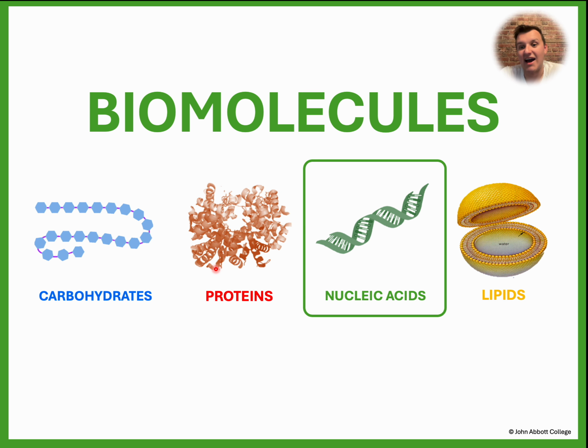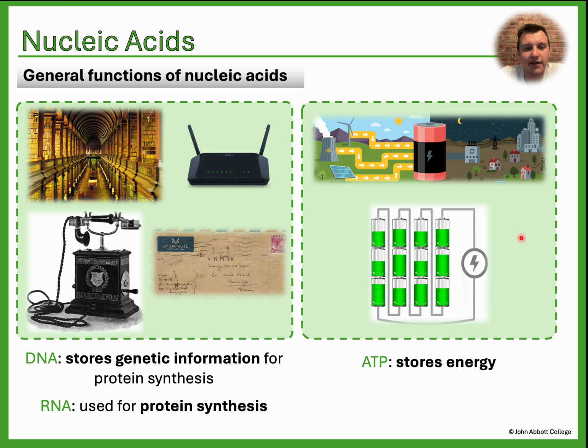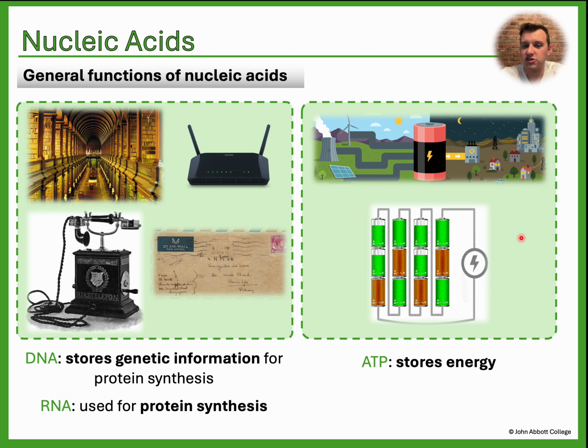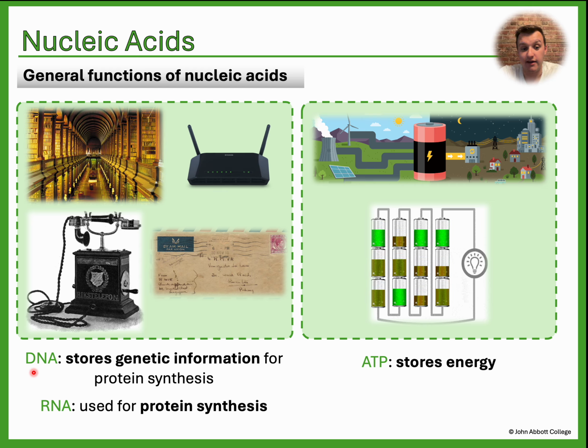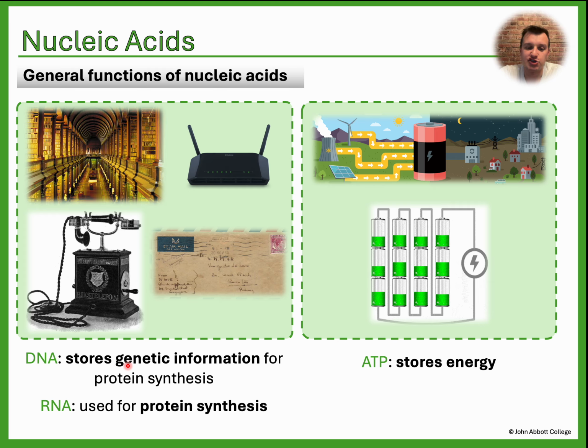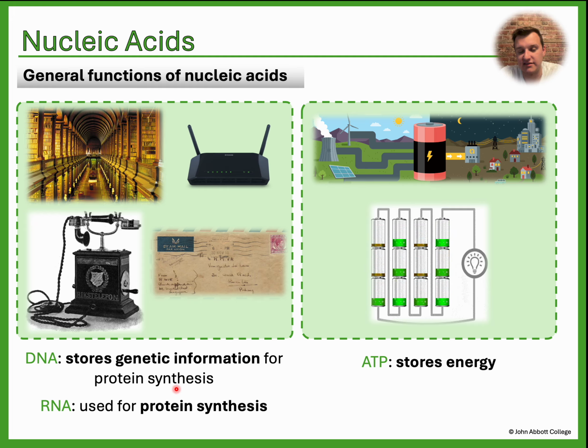All right, last biomolecule to go through is nucleic acids. Woo. So we saw carbs, proteins, lipids, and now we're on to the last, best for the last. The general functions of nucleic acids: over here, there is DNA, whose function is to store genetic information for protein synthesis.